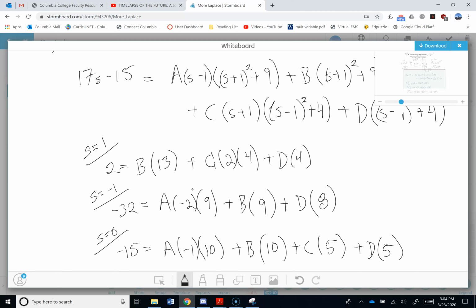Okay, so that's 3 equations and 4 unknowns, so I need 1 more, yeah?